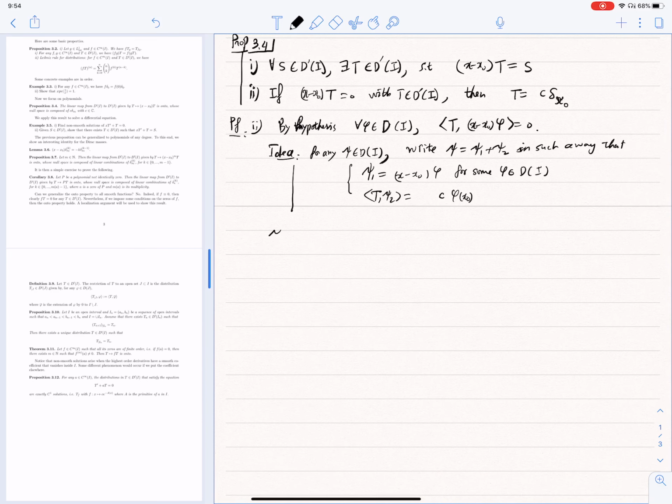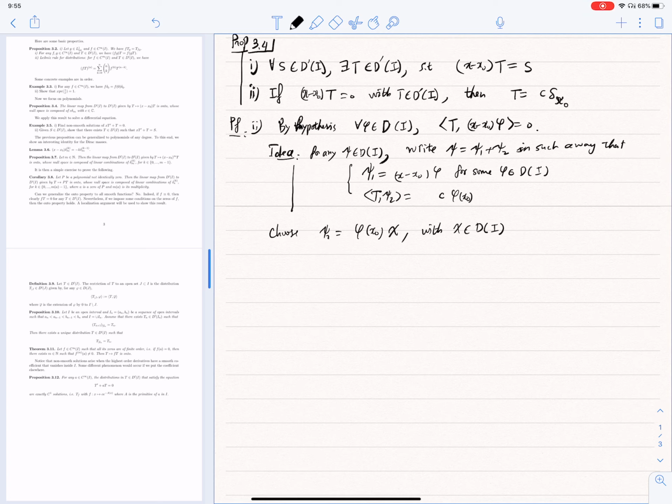The second one is easy, so we're going to choose psi 2 to be the constant phi of x naught times any test function chi.